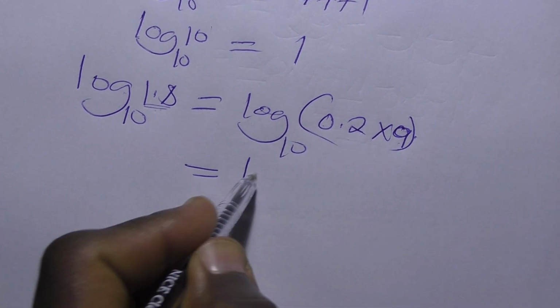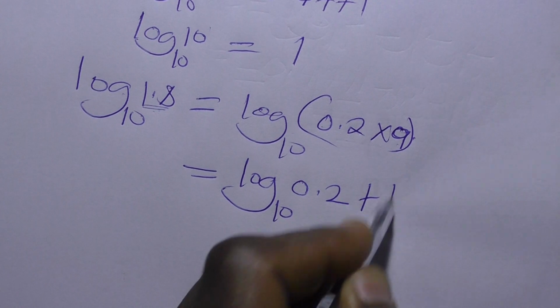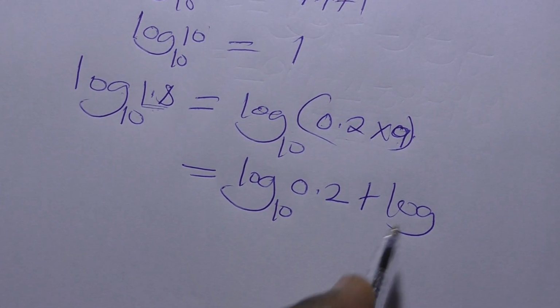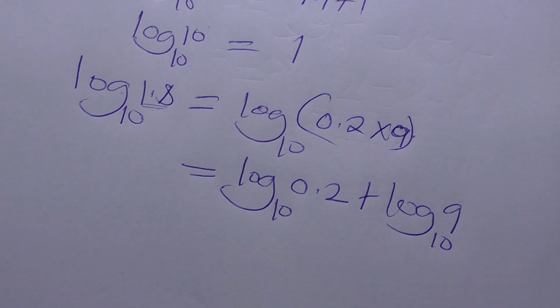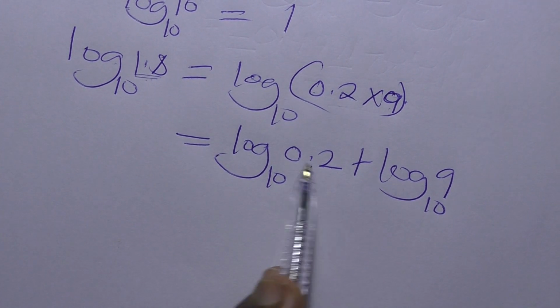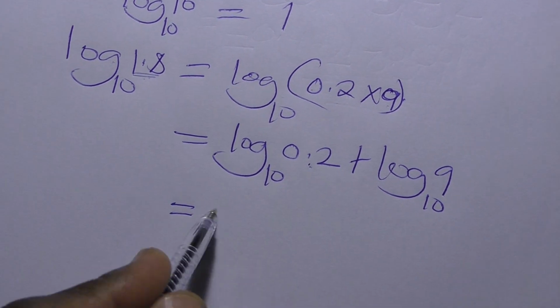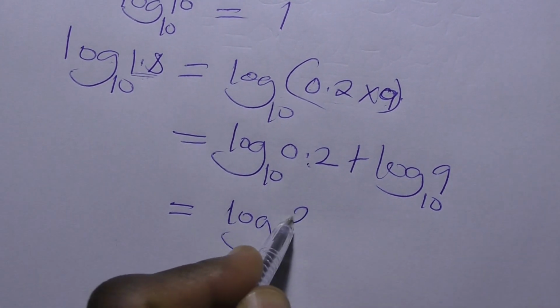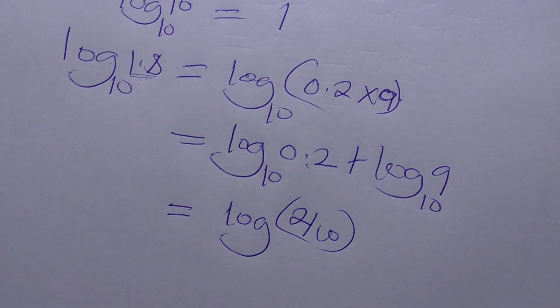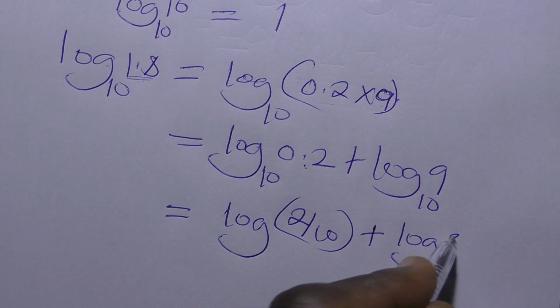That simply means that it is log of 0.2 plus log of 9. Then we don't have 0.2, we have 2, but for me to get to 0.2, I'll divide 2 by 10. Plus 9 is 3 squared.